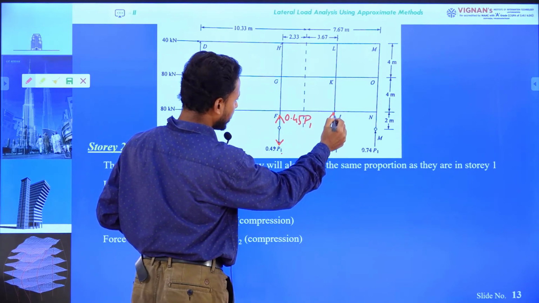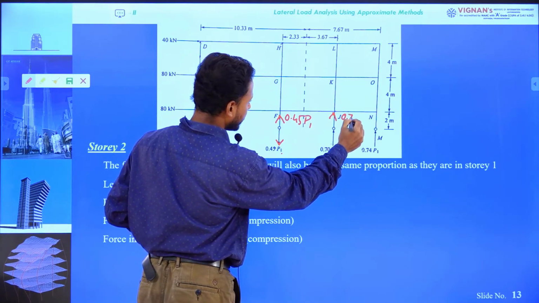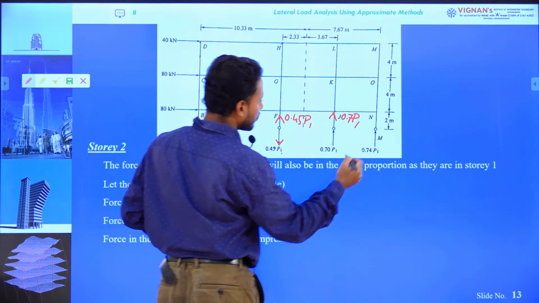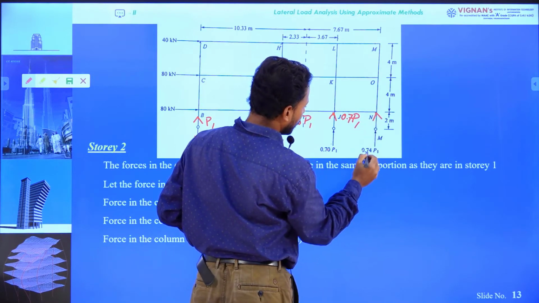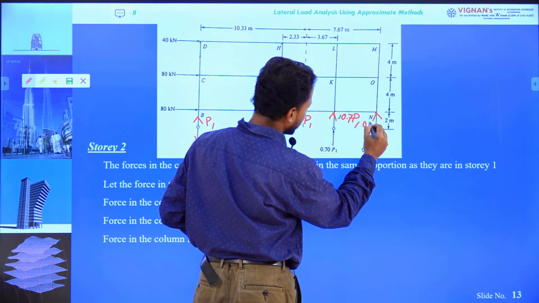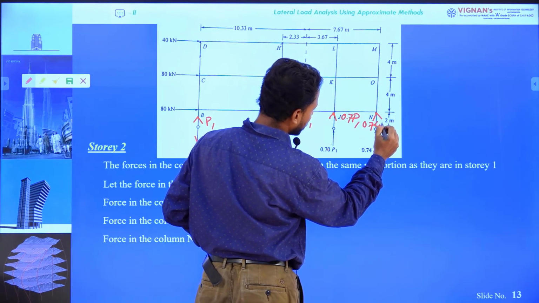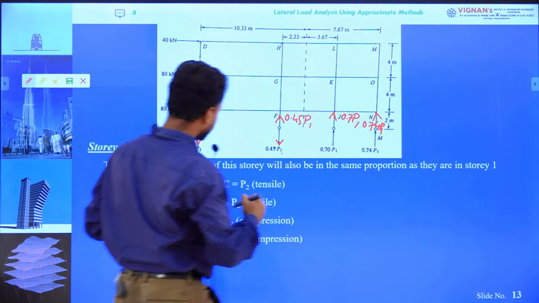This will be 0.7 P1, and here also 0.74 P1.